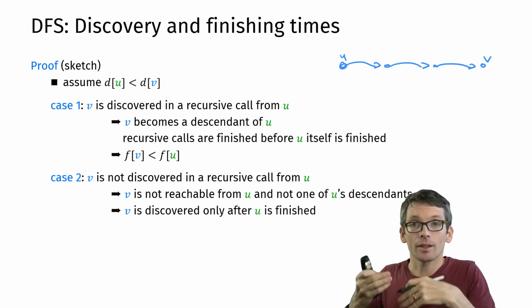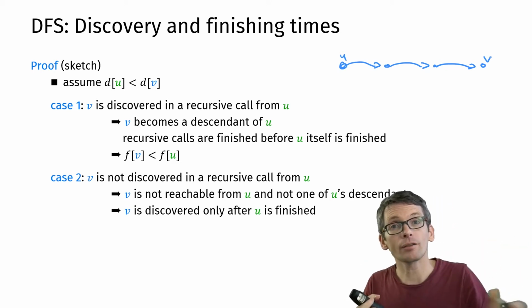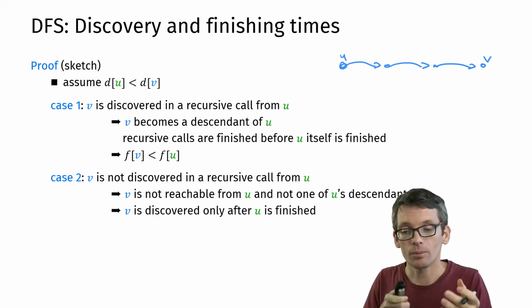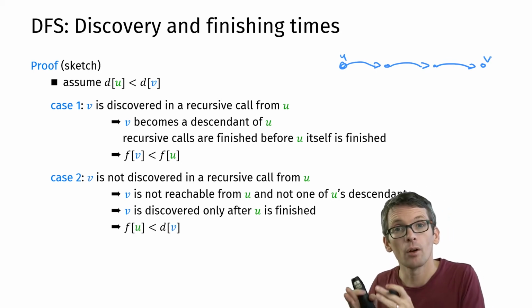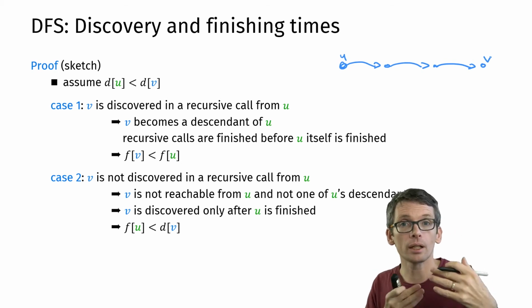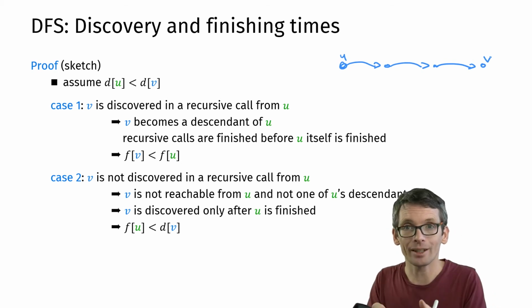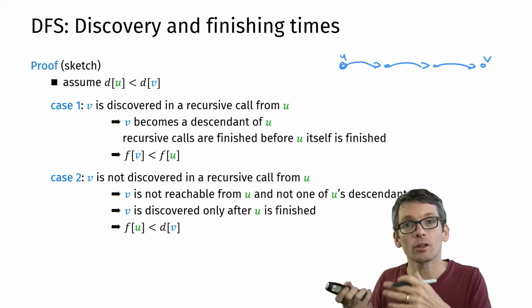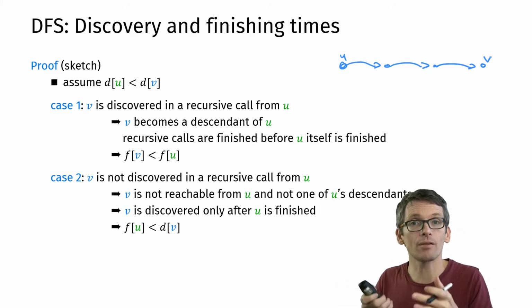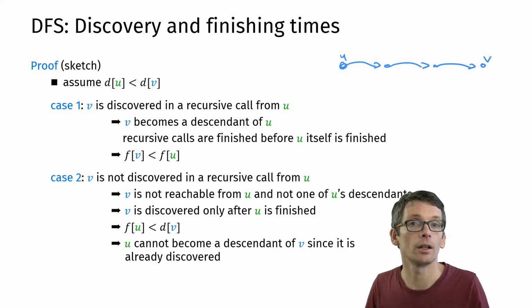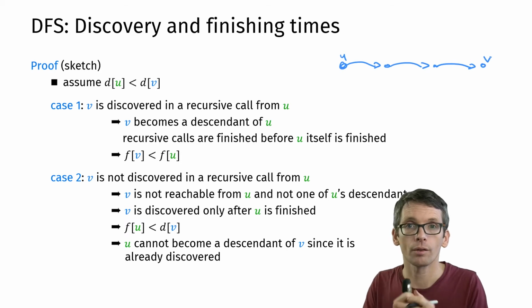That means that v will only be discovered after I finish the recursive call for u, but that then also means that the finishing time of u will be smaller than the discovery time of v. So what does it mean in terms of the descendant relation? We already observed v is not a descendant of u, but u can also not be a descendant of v, because when I start processing v, u is already done. And that is the proof of this parenthesis structure.